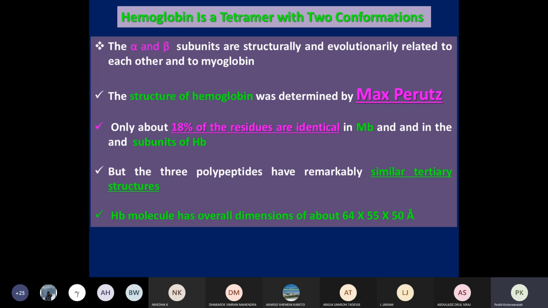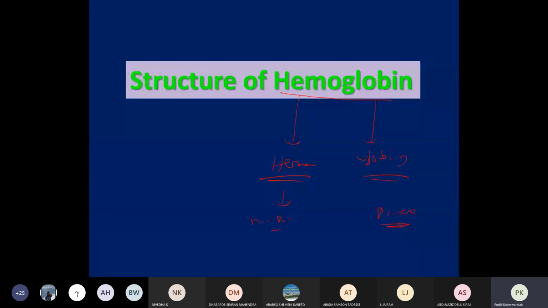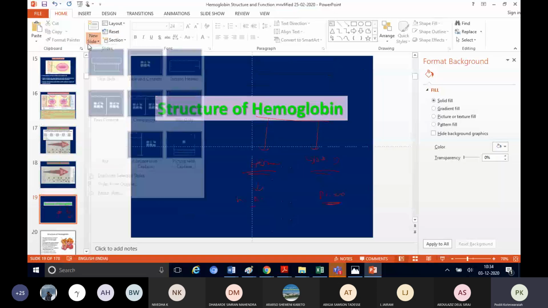You can see here that the hemoglobin is a tetramer.